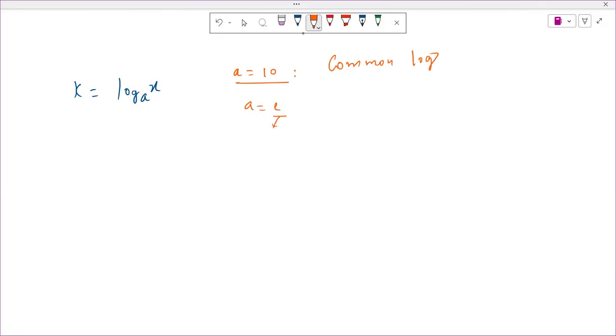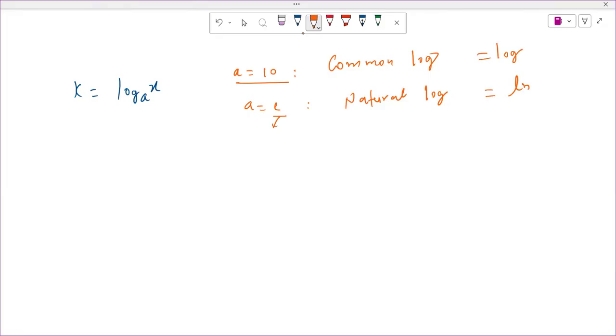It's called Napier's number, and then we call this the natural log, represented as ln.